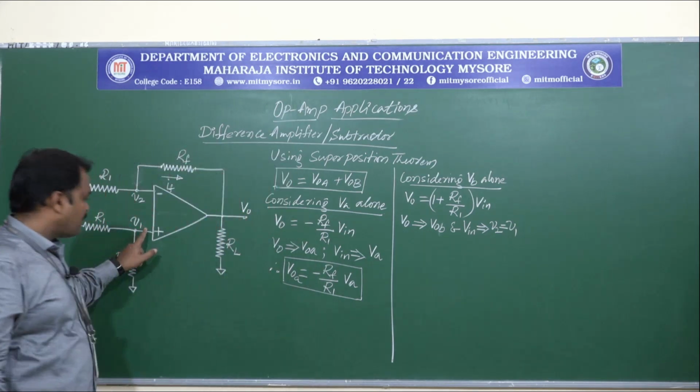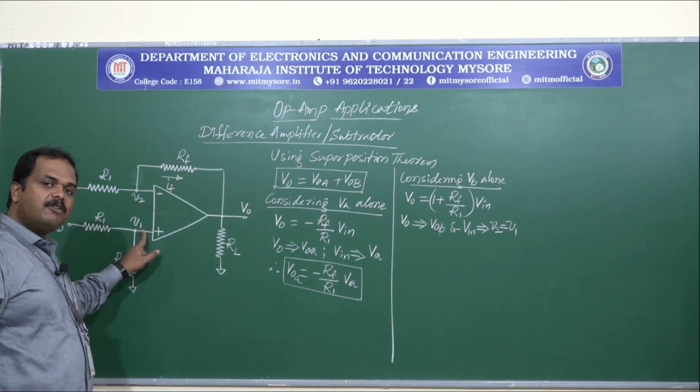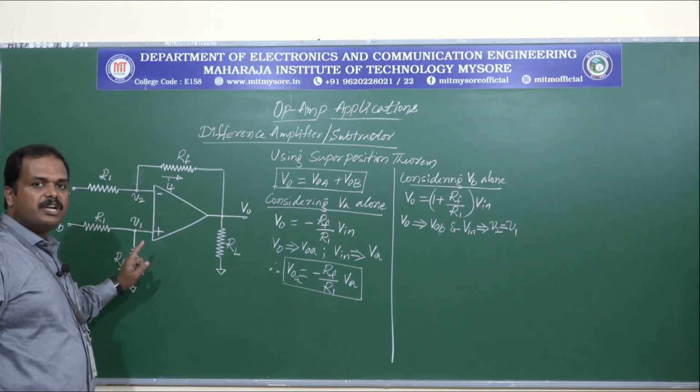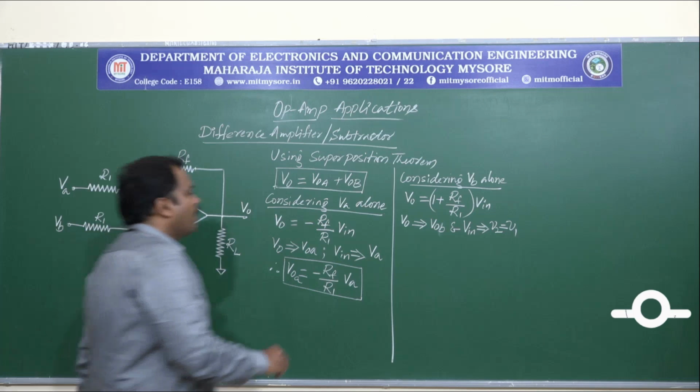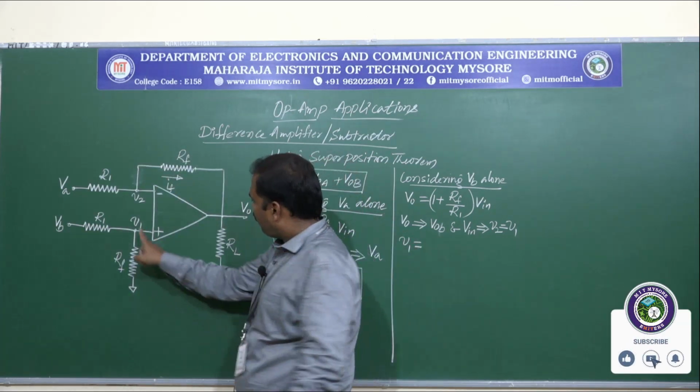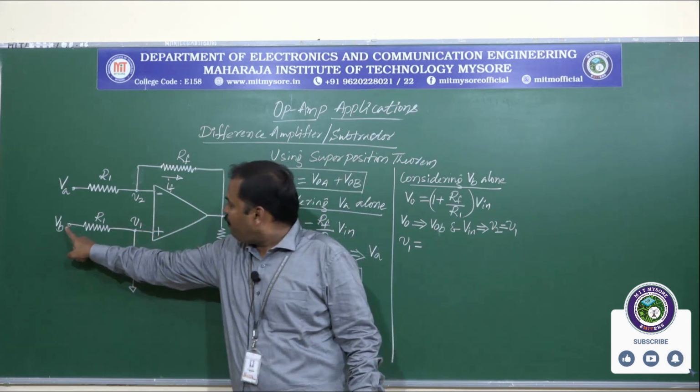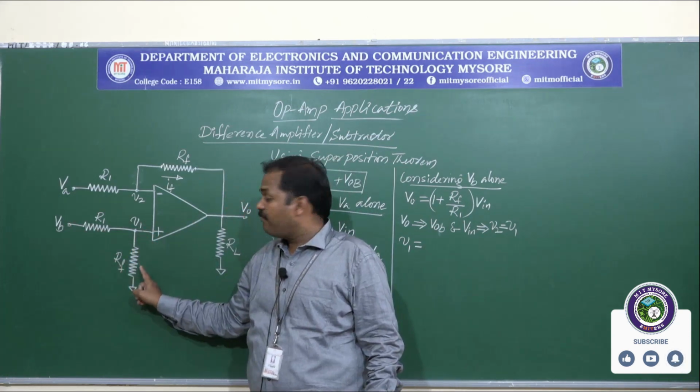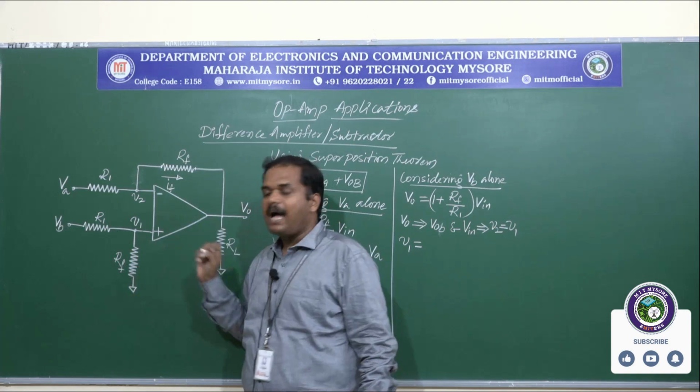Now looking at the circuit, V1 can be determined by using the voltage divider rule. V1 is given by VB into RF divided by R1 plus RF.